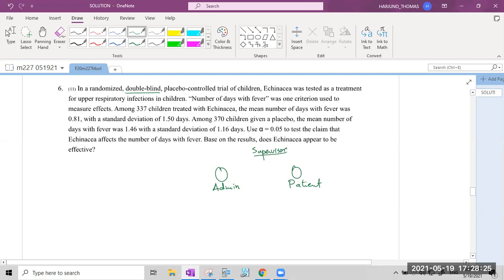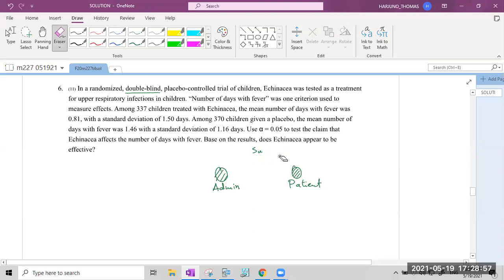Basically, that's usually the statistician. The supervisor is the one who knows if the medicine given is the real one, in this case echinacea, or just placebo. But the person who administers it, let's say the nurse, doesn't know. The patient who receives it also doesn't know. That's what it means to be double-blind placebo controlled.